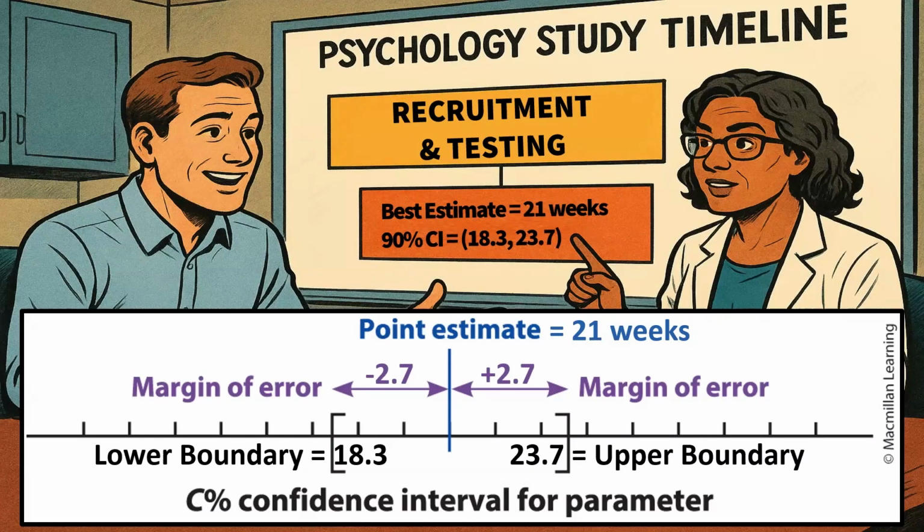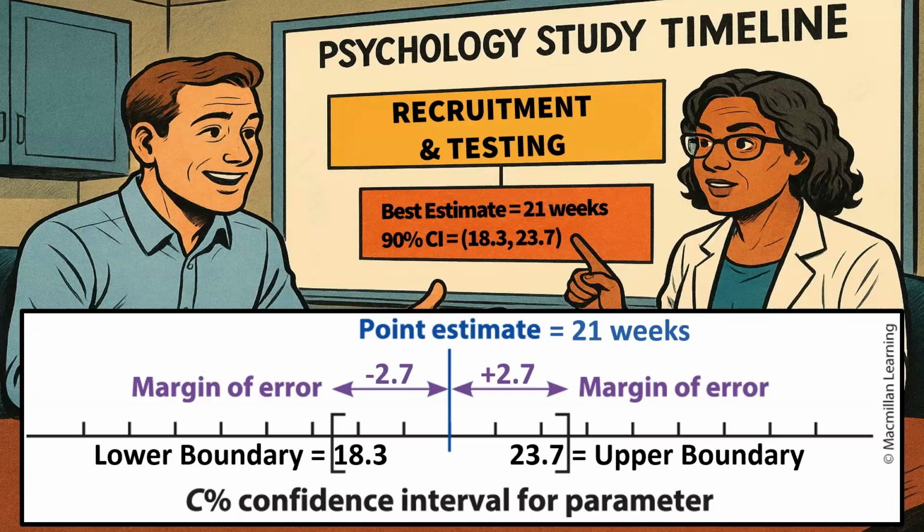That's your 90% confidence interval. Other times it's reported as your point estimate and your margin of error. So Alex could have said, hey, the 90% confidence interval, 21 weeks plus or minus 2.7 weeks. So sometimes you'll see it one way, sometimes you'll see it the other way. It's the exact same information, just reported in two different formats.